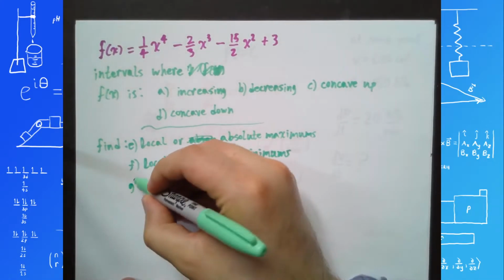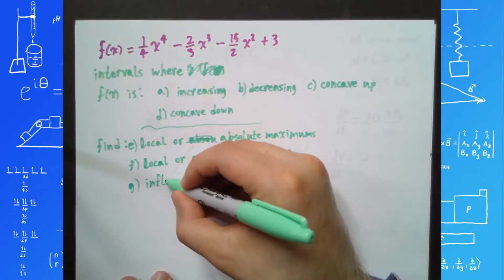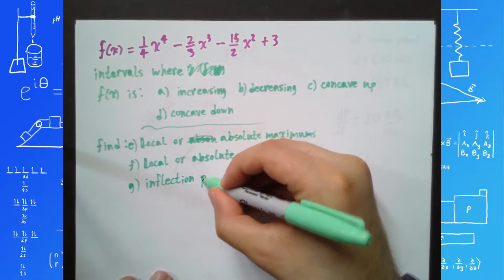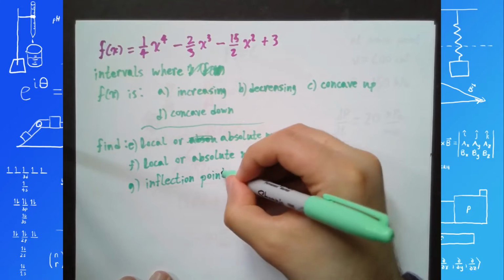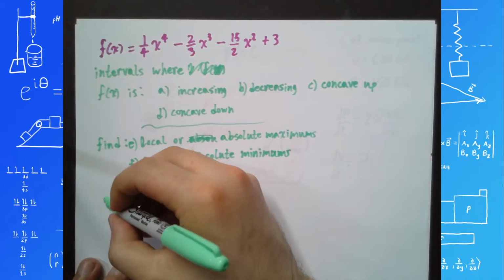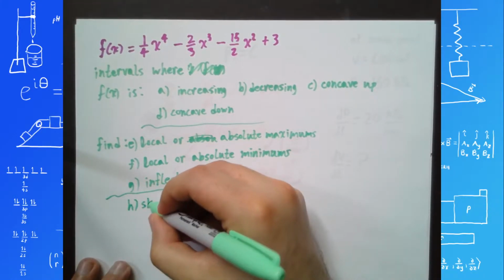And then part G, find inflection points, if they exist. So yeah, find everything. And I guess I'll add a part H, sketch the curve.